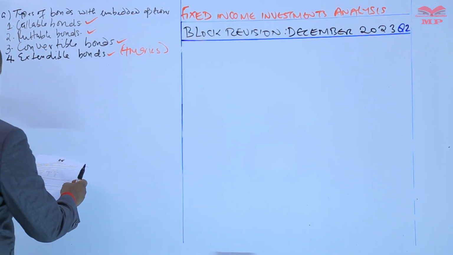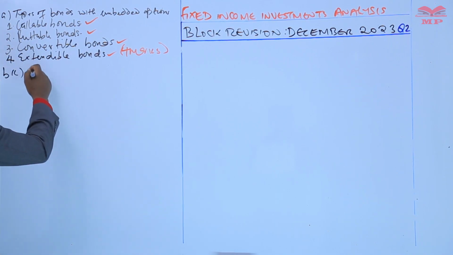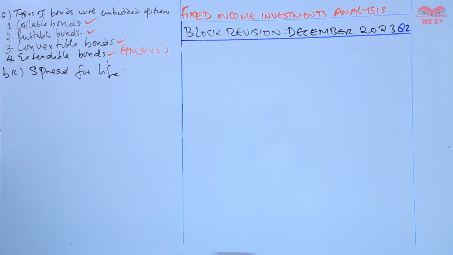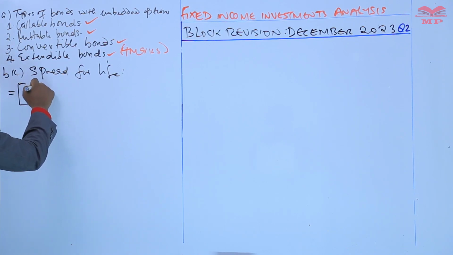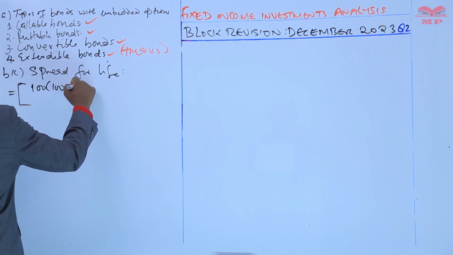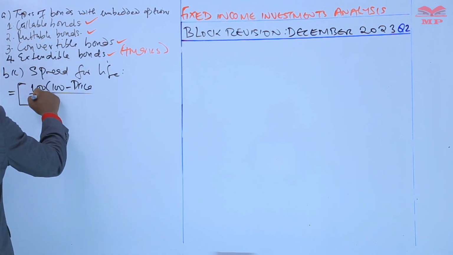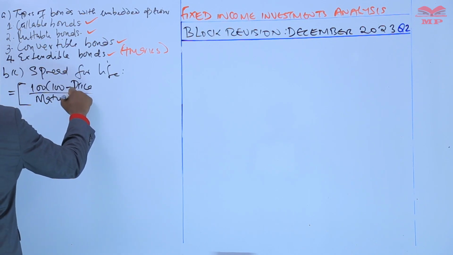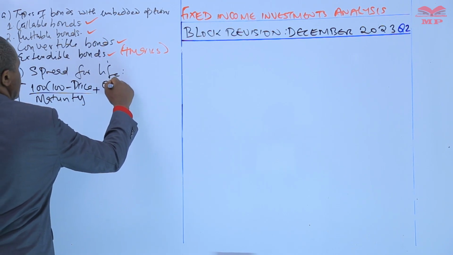So what is the formula for spread for life? This is B Roman 1. The formula for spread for life is equal to 100 minus the price, over maturity, plus the quoted margin.